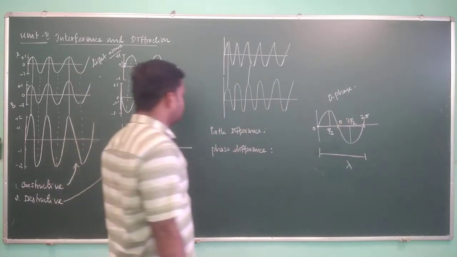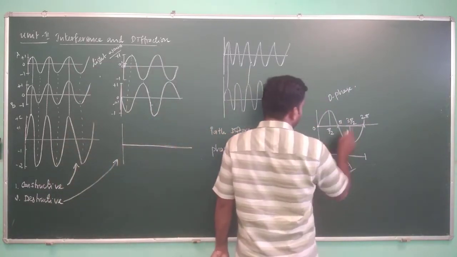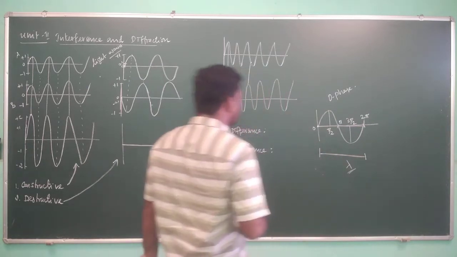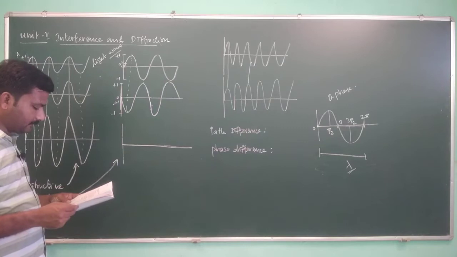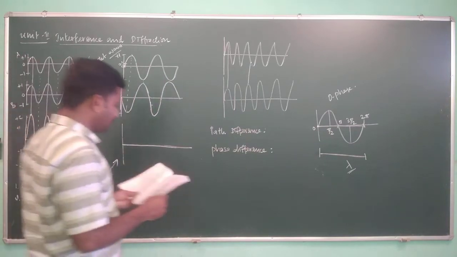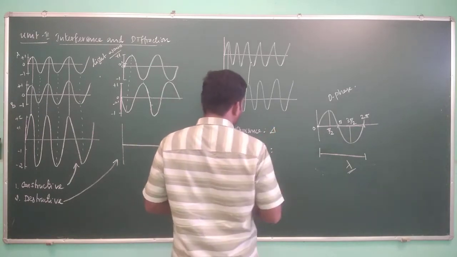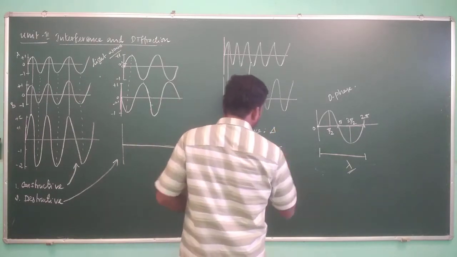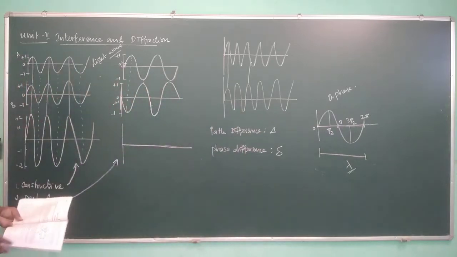So what is path? Path you can express in terms of lambda, wavelength. Path difference you can also express in terms of lambda, wavelength. Fine. So path difference can be expressed in terms of capital delta. Phase difference will be small delta.